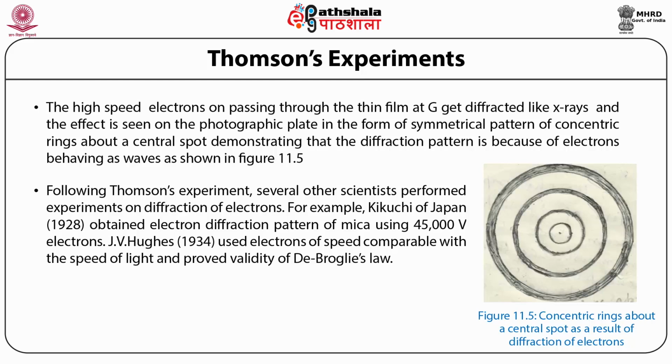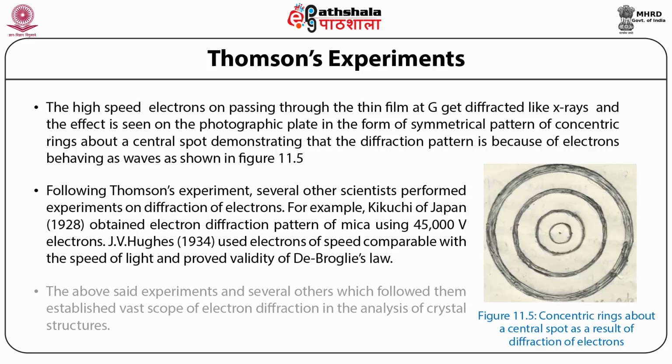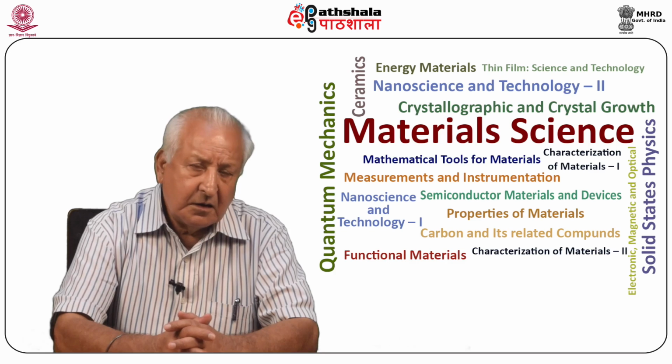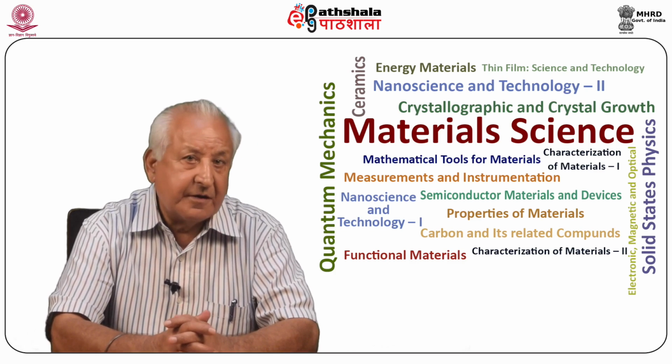J.V. Hughes in 1934 used electrons of speed comparable with the speed of light and proved the validity of de Broglie's law. The above said experiments and several others which followed them established the vast scope of electron diffraction in the analysis of crystal structures. Now we shall talk about neutron diffraction.